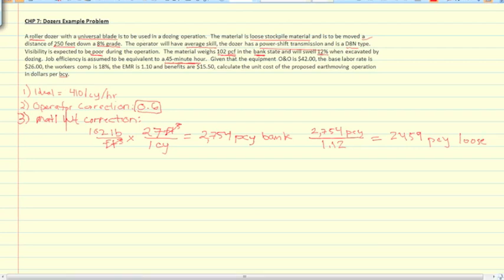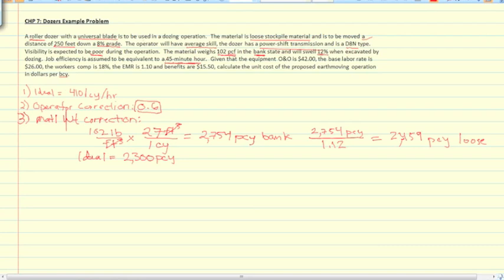All right, so where do we go from there? That's what we want to compare to the ideal state. The ideal was 2300 PCY loose, and our existing is a little bit heavier, it's 2459.